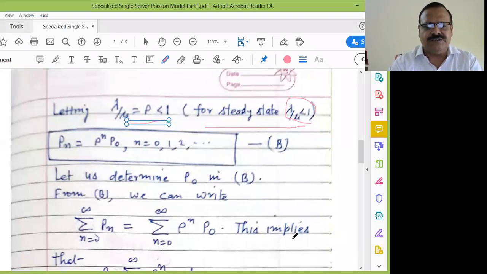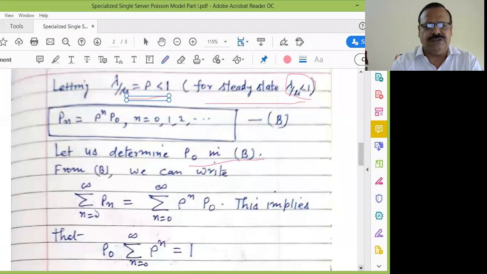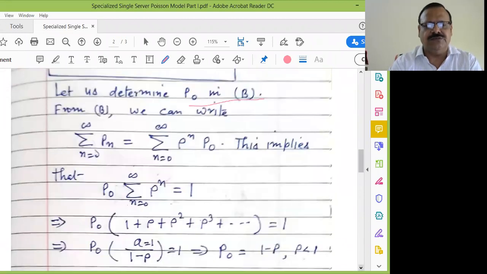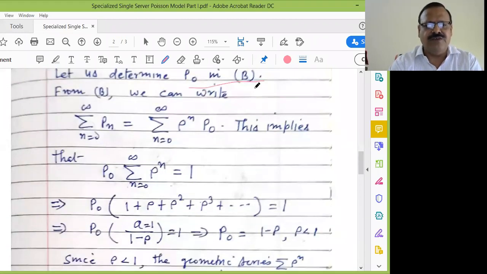Okay, let us determine P naught. P naught is a value which we need to determine. How do we determine it? As usual, we can write the sum over n from 0 to infinity of Pn, which is the sum from 0 to infinity of rho to the power n times P naught.